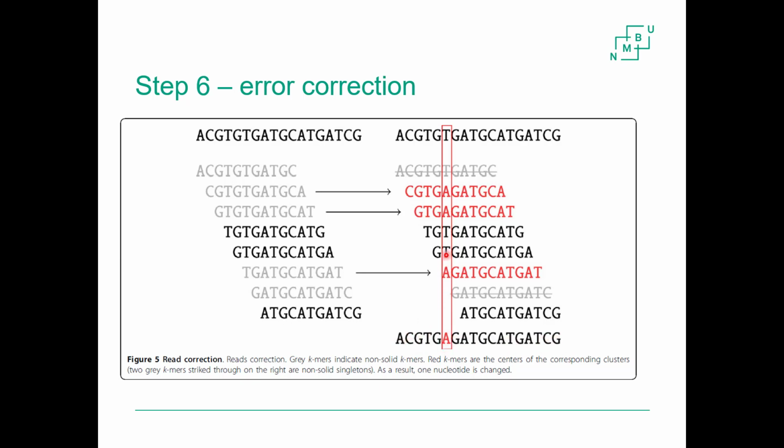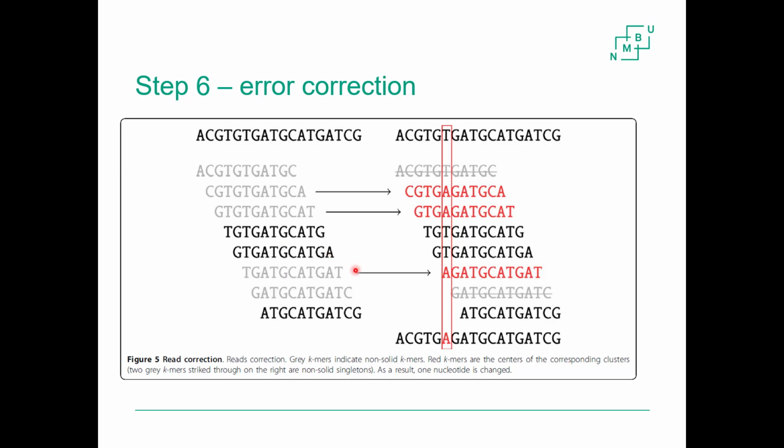Because in this position now, there are 3 votes for A and only 2 votes for T. So this is how we could correct this error. This is a sequencing error. At least that's the conclusion of Bayes hammer. It must be a sequencing error because we see that the solid k-mers tend to have A's in that position.